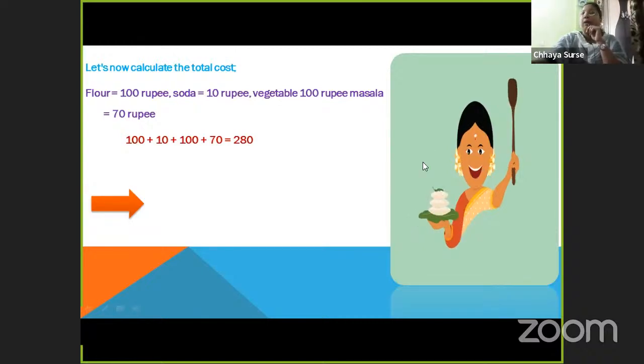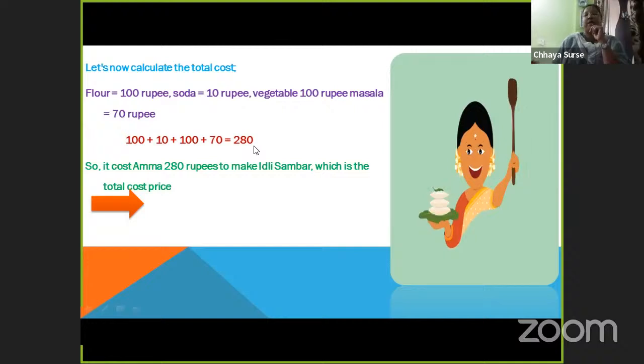So for making idli and sambar, Amma's total cost price is 280 rupees, because she spent on flour, soda, vegetables, and masala. What is it called?